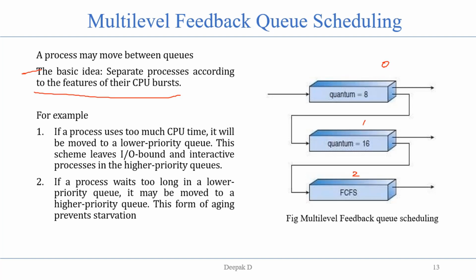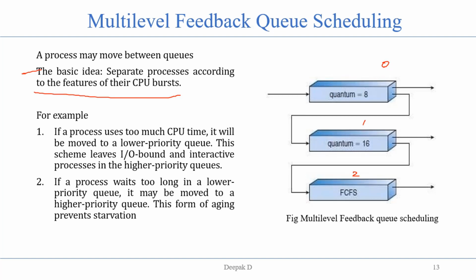Similarly, processes in queue 2 will not be executed unless processes in queue 0 and queue 1 have completed. Suppose the CPU is executing at queue 2. If another process arrives in queue 1, the CPU will be preempted and the processes waiting in queue 1 will be executed first, and then, when that queue is empty, queue 2 will be given the CPU. So this is how it works.